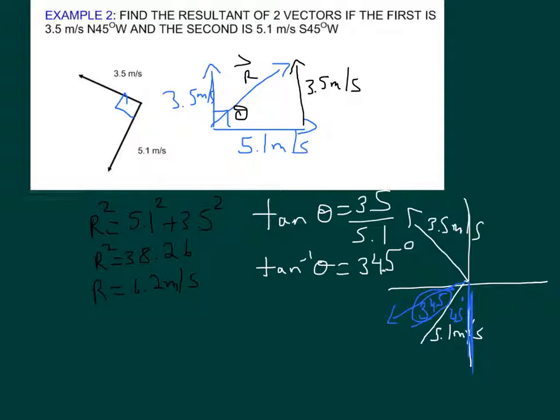And so our resultant vector has a bearing of south 79.5 degrees west. We started at south, we moved 79.5 degrees to the west before we got to our vector.